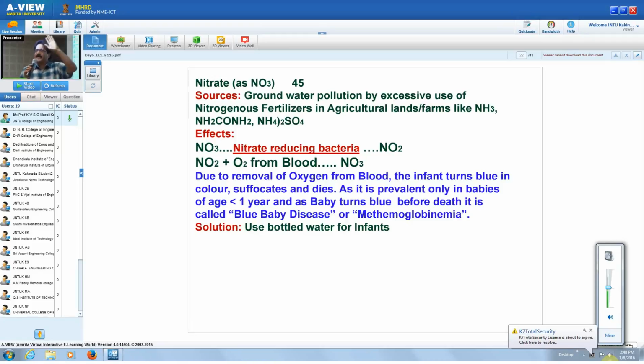Now, why are 90% of the world population using groundwater for domestic as well as industrial purposes? Now, the Andhra Pradesh government has completely banned using tube well waters. That means industries use tube wells only, apartments use tube wells only, and this is banned.